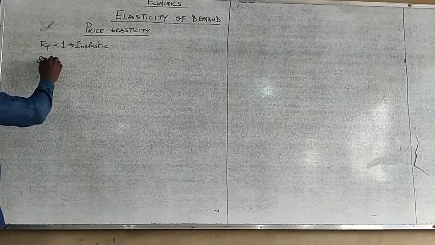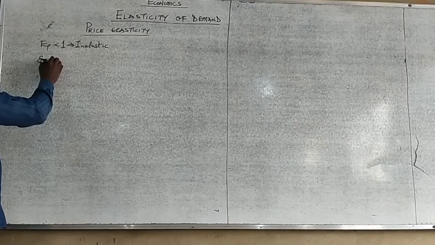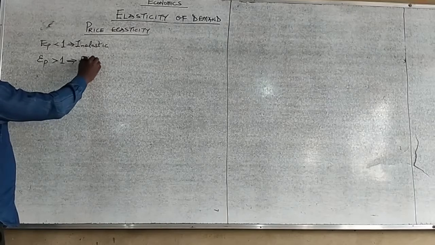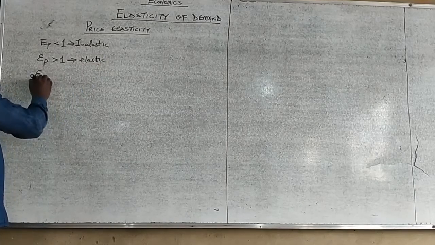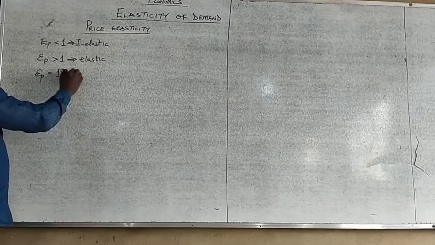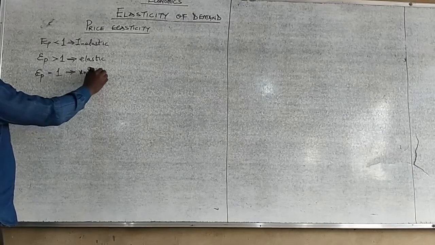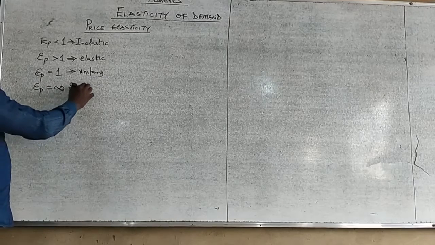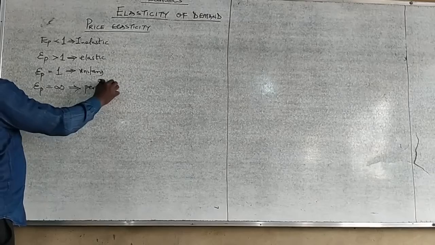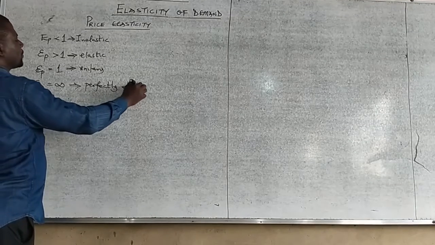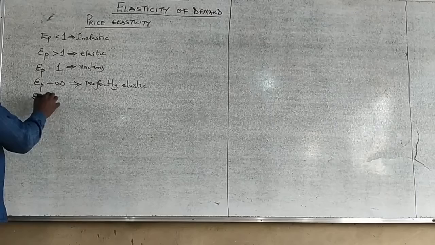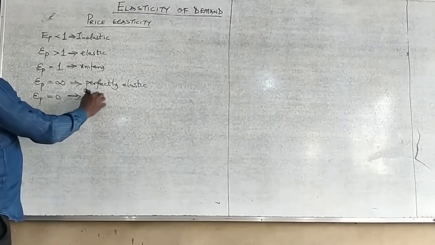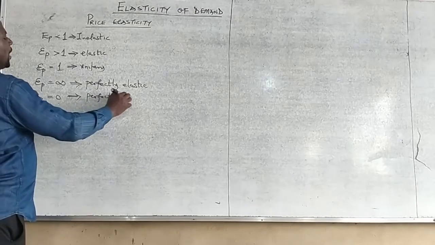Now, if our price elasticity is greater than 1, we say the demand is what? Elastic. If our price elasticity is equal to 1, we say the demand is what? Unitary. If our price elasticity of demand is infinity, we say the demand is perfectly elastic. And if our price elasticity is equal to 0, we say it is perfectly inelastic.